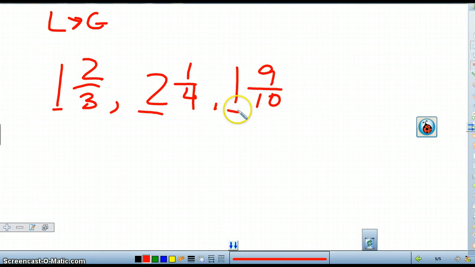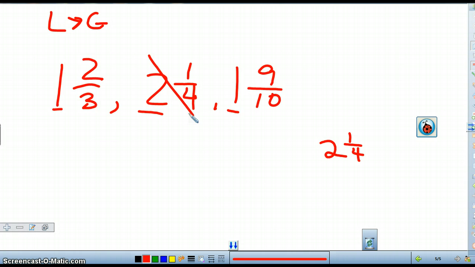They each have a whole number. 2 is the largest, so I know that 2 and 1/4 is my greatest. So it's going to be the very last one. Whenever I write my final answers in order, it's going to be the last one. Everybody get that? See that? Because it has the greatest whole number, so it's the greatest. So we can eliminate that one from our list. We already know where it is.